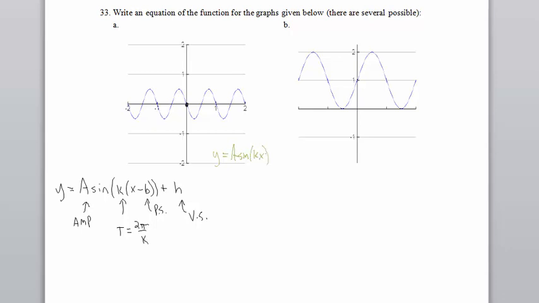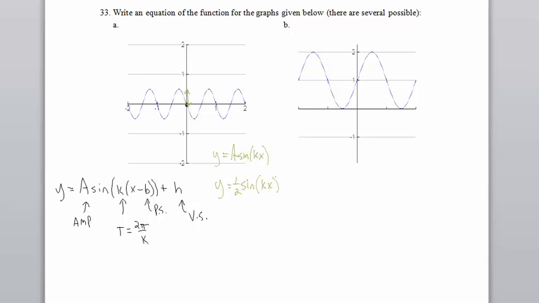There's no vertical shift. There's no phase shift. So that makes it easy. The amplitude is the distance from here to here, or half the distance of the whole way it would travel. In this case, it's a half, so I can fill that in there.